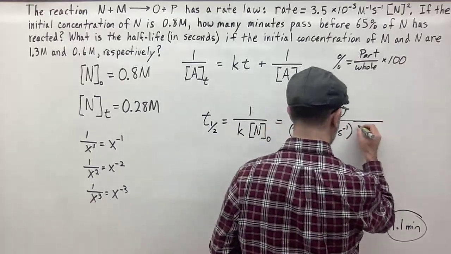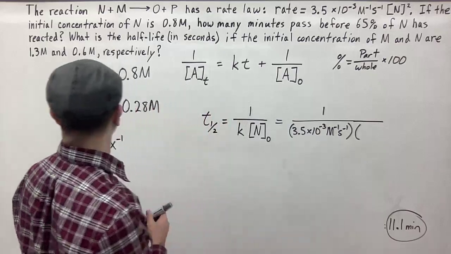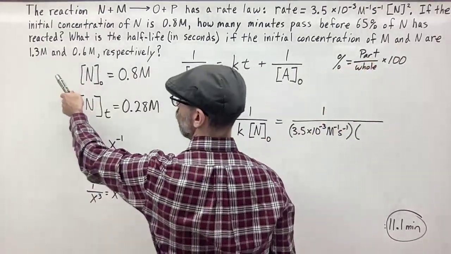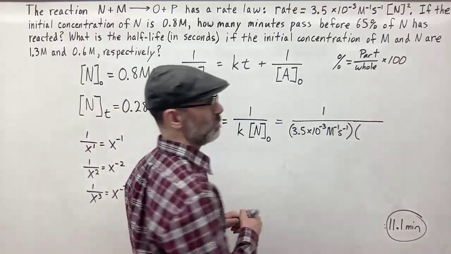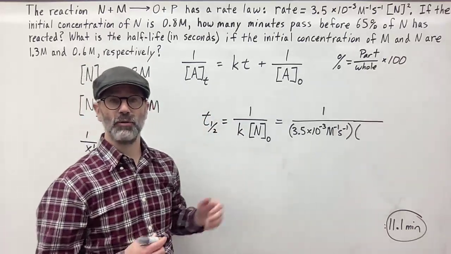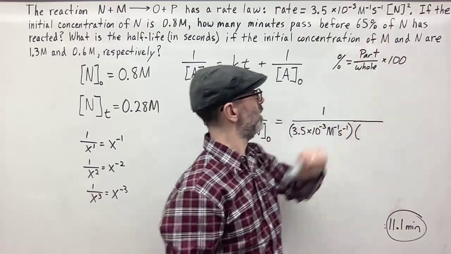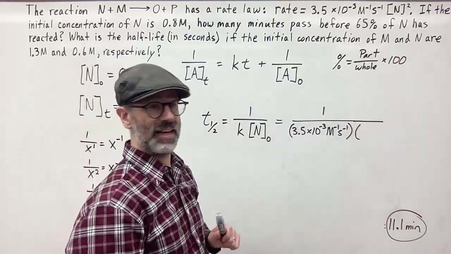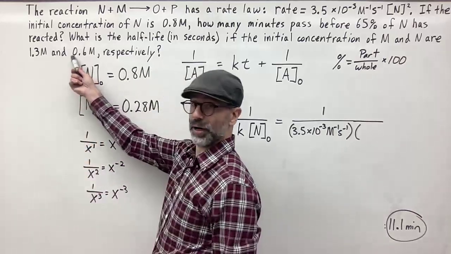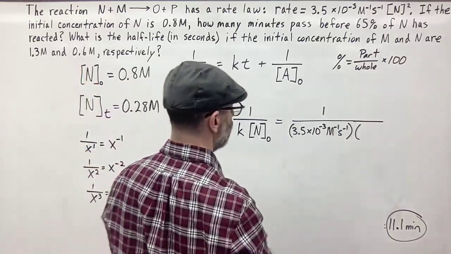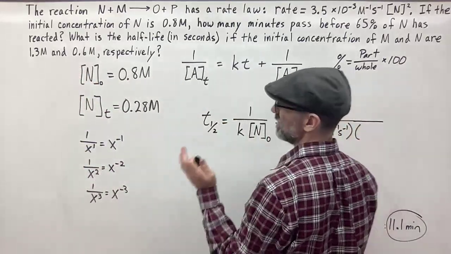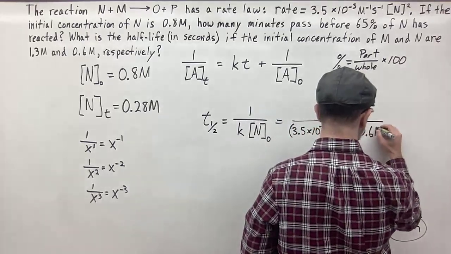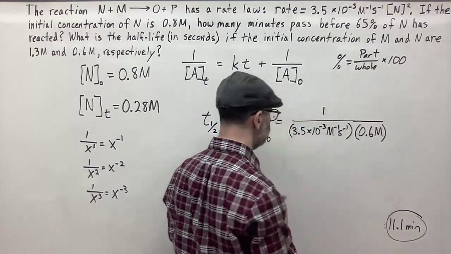And we're going to multiply that by the concentration they give us. So concentration of M is 1.3. We don't care because M doesn't affect the rate of the reaction because it's not in the rate law. So the concentration of N is 0.6 molar.